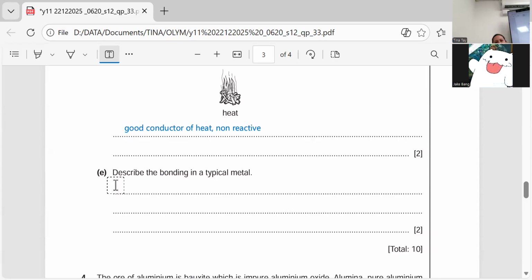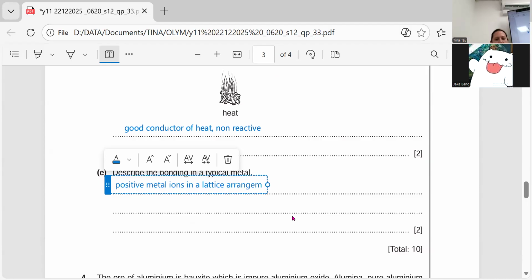What is the bonding of metal? Positive metal ions in a lattice arrangement. And then what is around it? A sea of free, delocalized electrons.